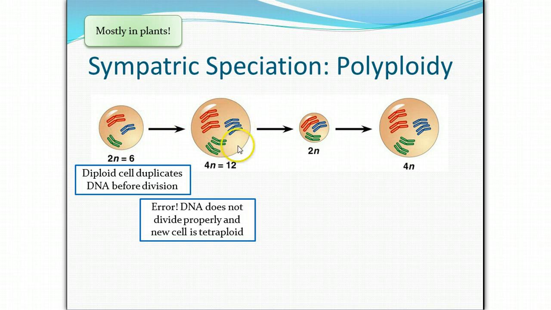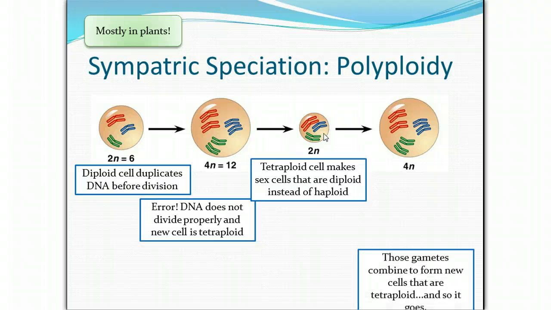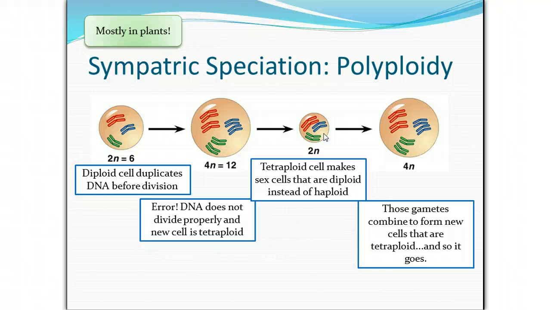But because it came from this tetraploid cell, and it's half of this, it's going to have 2N. So the tetraploid cell makes sex cells that are diploid instead of haploid. Those sex cells are going to combine to form new cells that are tetraploid, and so it goes.